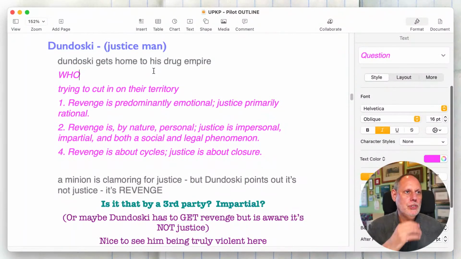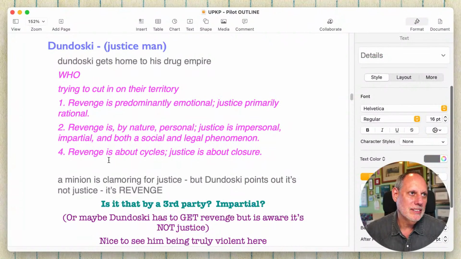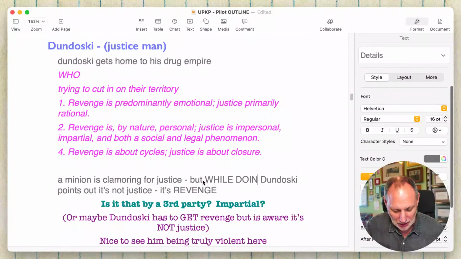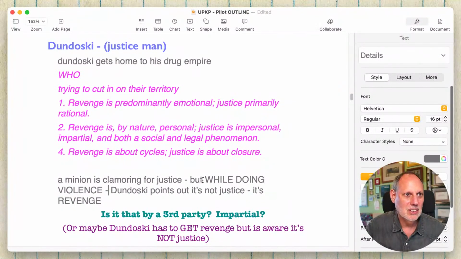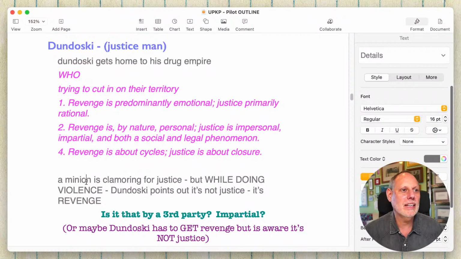So the question is, what I want to do here is get it to a scene where, while doing violence, Dundosky points out, in other words, what I want is a sense that Dundosky is both intellectually interesting and at the same time monstrous. I think that's fun.